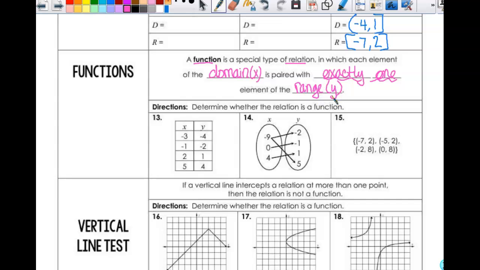So every x can only have one y. And you need to be able to identify functions from tables, from mappings, from graphs, from charts, from all kinds of things. So let's look at this.